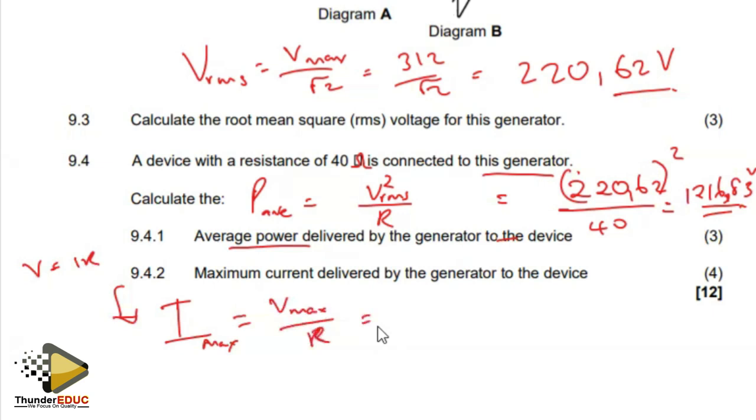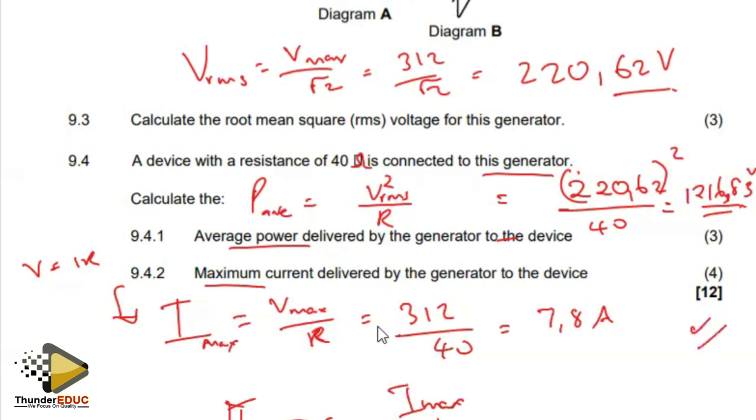Our Vmax, remember, was 312, divided by 40. That gives 7.8 amps. For IRMS it would be Imax over root 2, but the question wanted the maximum current, so there's no need for that. That's just fine.